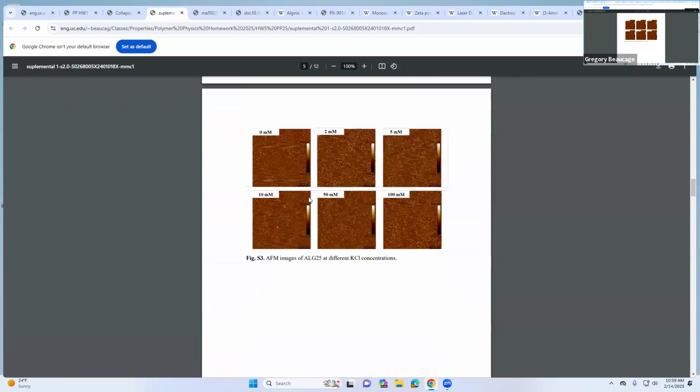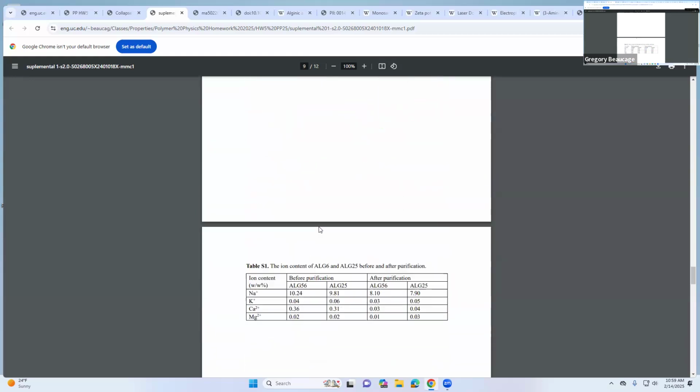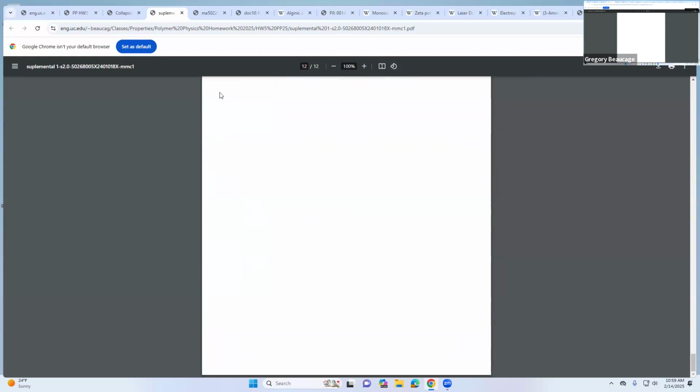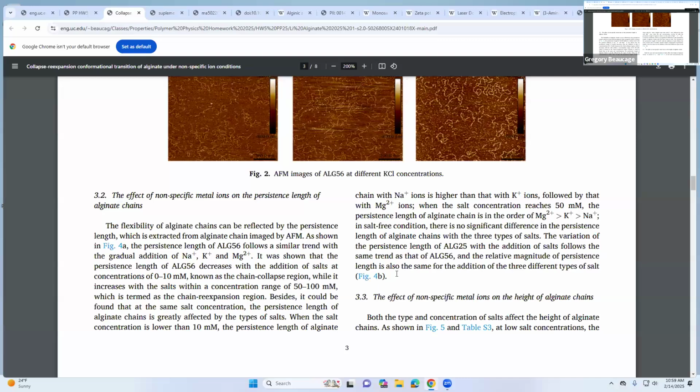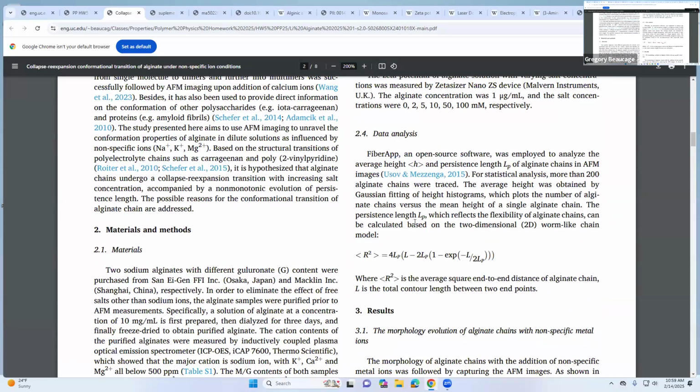That's good. But the fact that the thing is in 2D means it has a different persistence length. In other words, the persistence length in 2D in a confined geometry physically isn't the same number as the persistence length in 3D. This is a special equation for 2D. It looks just like 3D, but basically he says it's different.